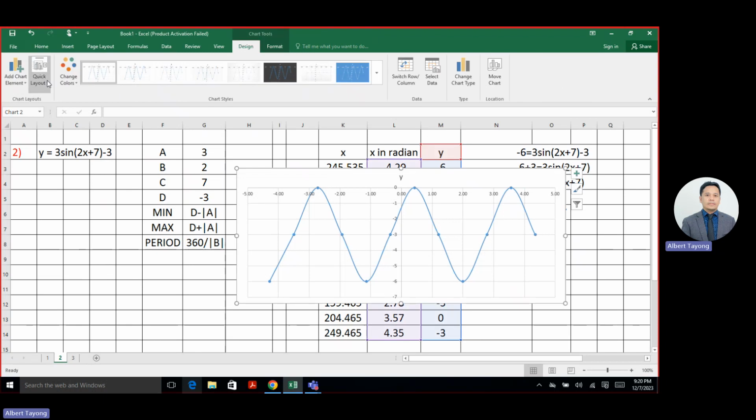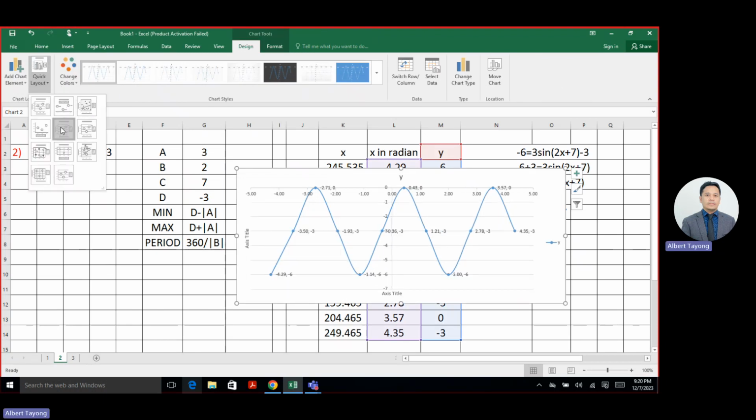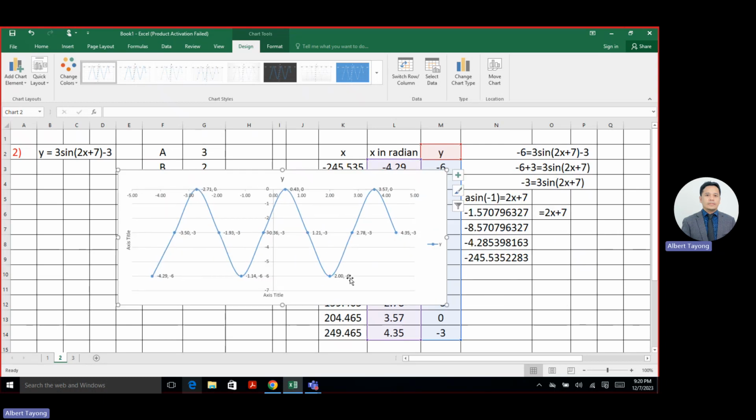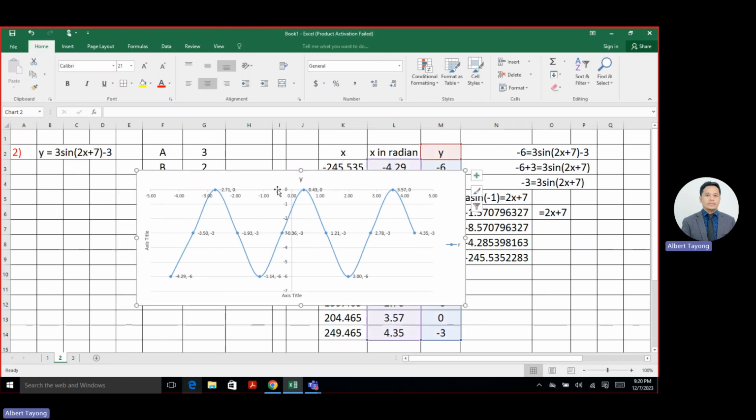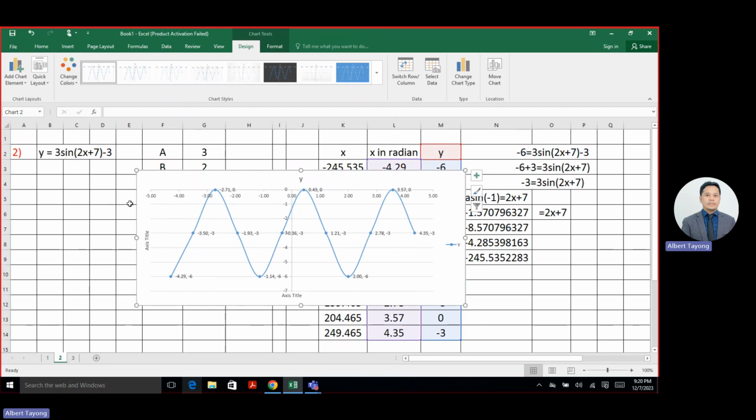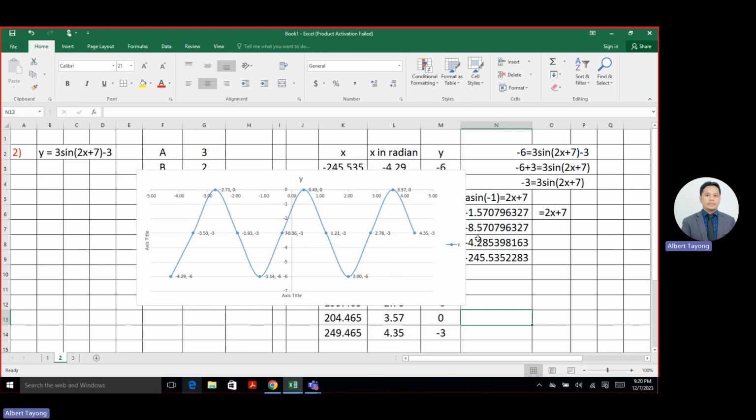Now, if you're going to change the layout to number 5, you can see that our minimum is negative 6, our maximum is 0. Okay, so you can try this in Desmos as well. Later, I'm going to show you how to find the x-intercepts of this particular function, and we say x-intercepts because you have more than one, actually, because it is periodic.